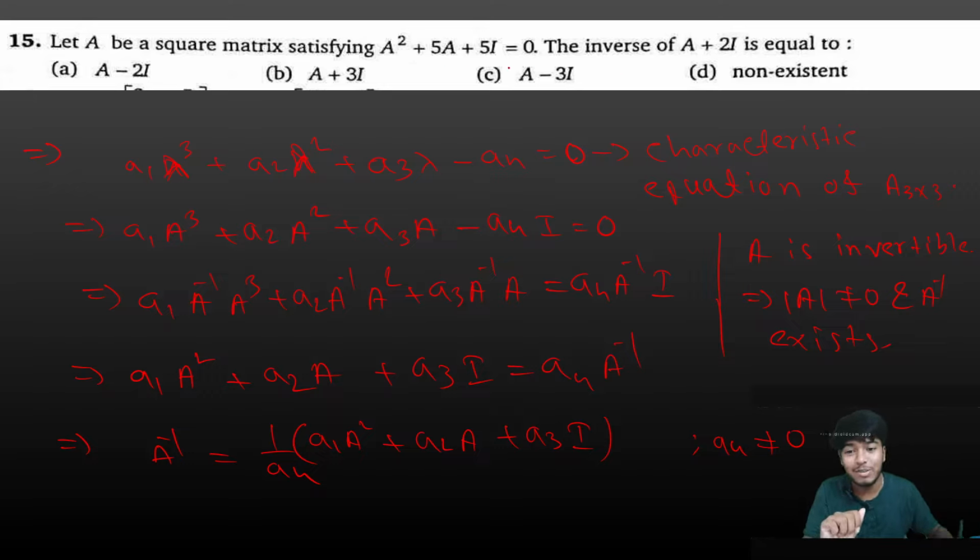But in this question, we need the inverse of A plus 2i, not the inverse of A. How do you solve it? First write down the equation: A square plus 5A plus 5i equals 0.